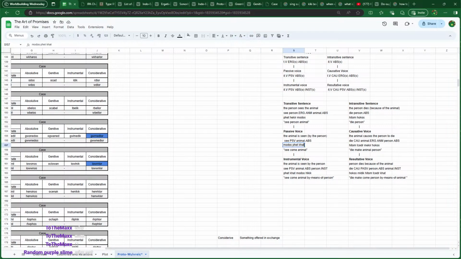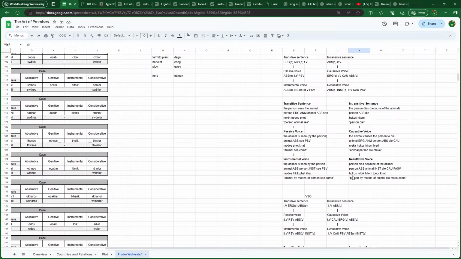Oh, and then I need to copy this over. Right? Yes. Okay, cool. So, Hokos mladik hitom cheddar. Sorry, cheddar.